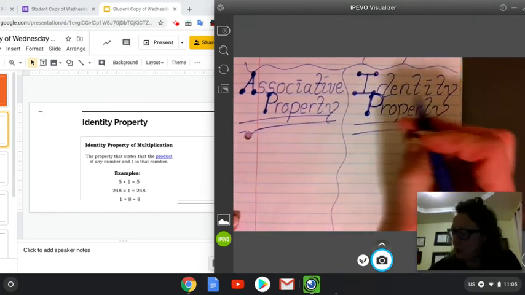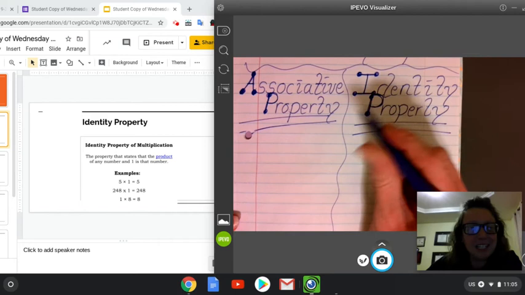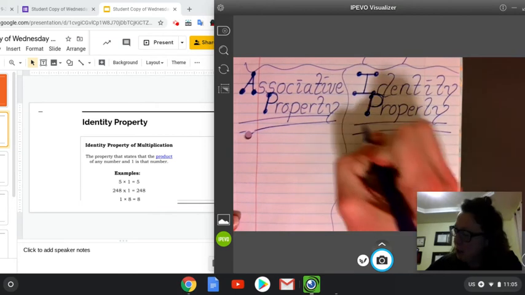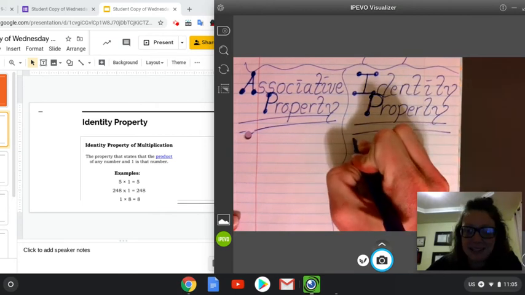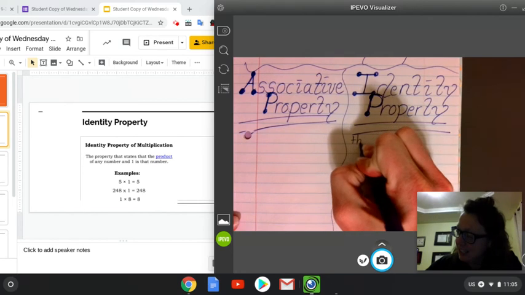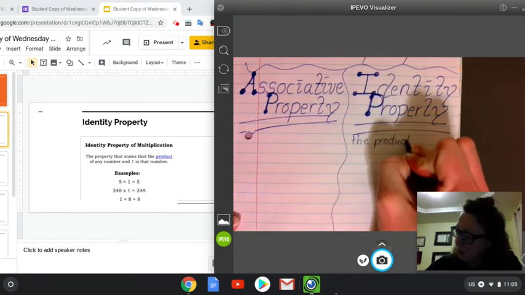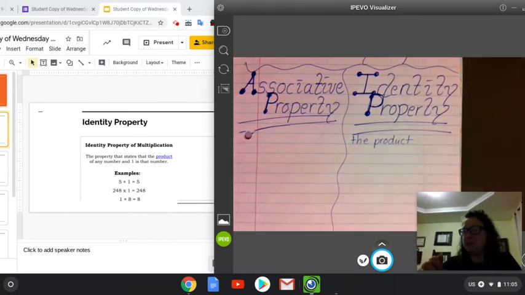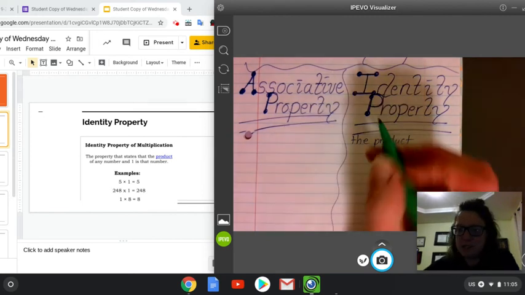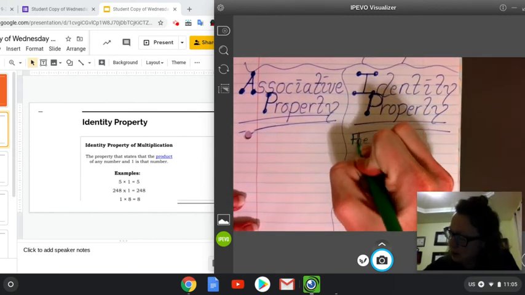That's research. All right, so the identity property is the property that states that the product, sorry, boys and girls, that pen was not wanting to work.